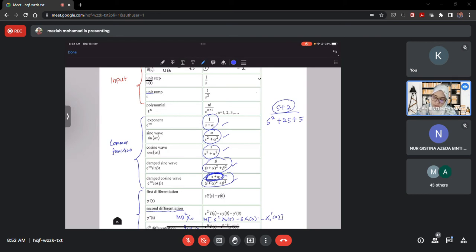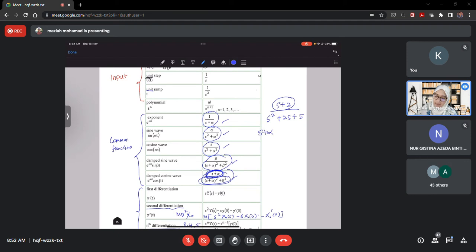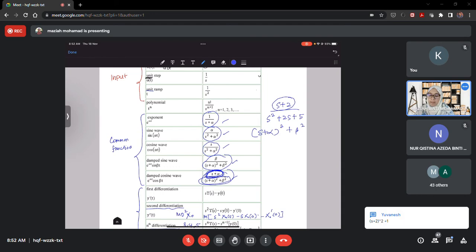The denominator function is s plus alpha square plus beta square. So try to think what is the value for alpha and beta such that if you expand the function, it will become s square plus 2s plus 5. Since the upper one is s plus 2, let's try s plus 2.